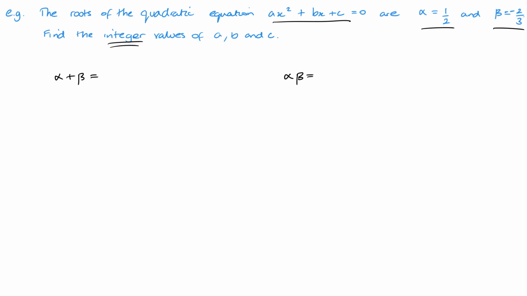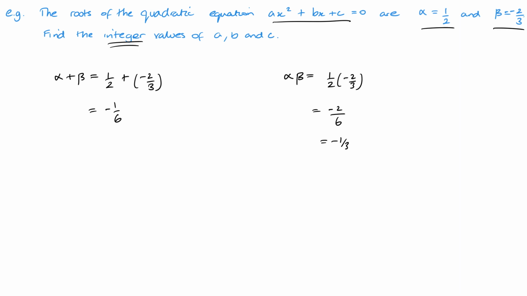So the sum and the product of the roots. Okay, so alpha plus beta, a half plus minus 2/3, and that gives me minus 1/6. And then for the alpha beta, we got half multiplied by minus 2/3. And that's going to be minus 2/6 or minus 1/3.